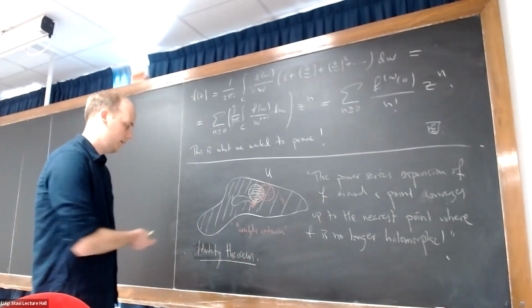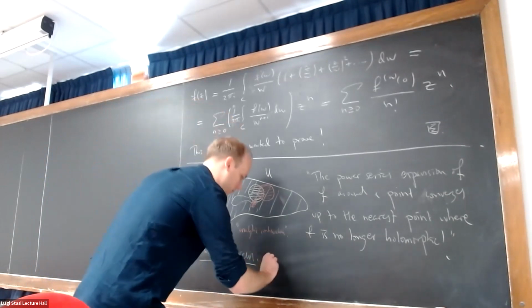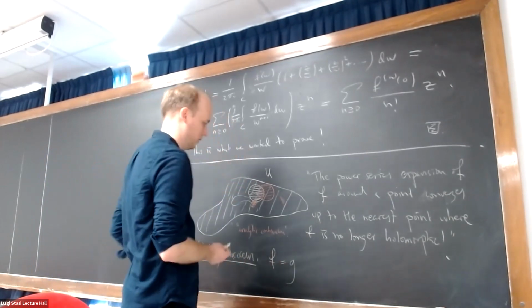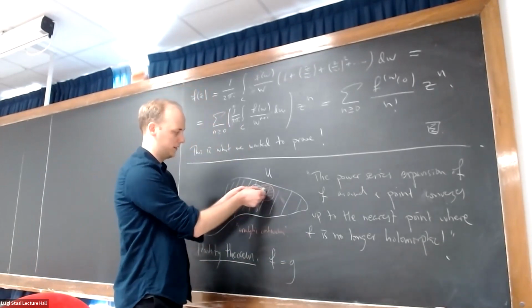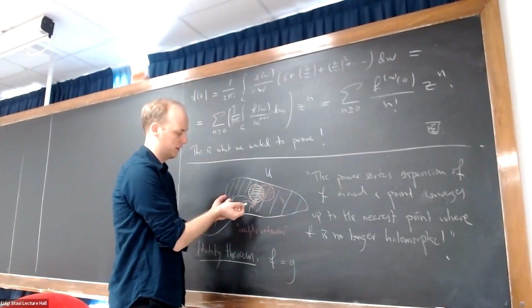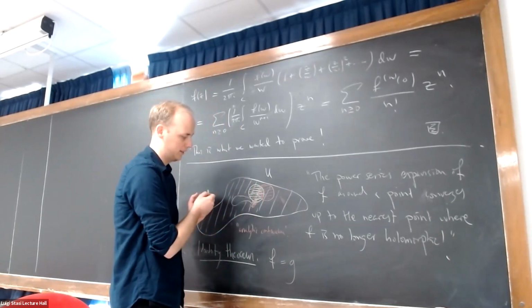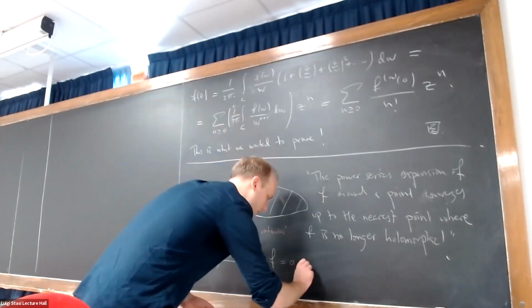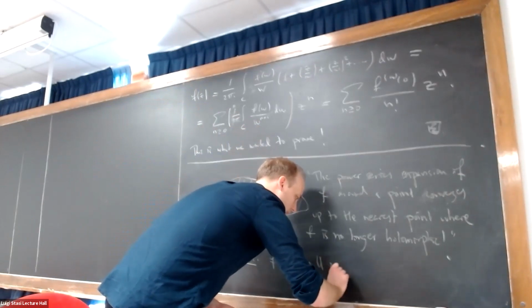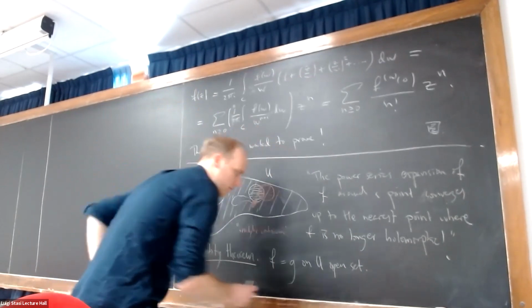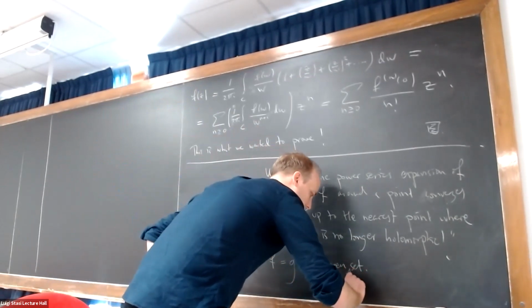So the identity theorem says that if you have two holomorphic functions, f equals g. For example, if you have two power series expansions defining holomorphic functions, and they coincide on the overlap of these disks of convergence, on some open connected set, okay.